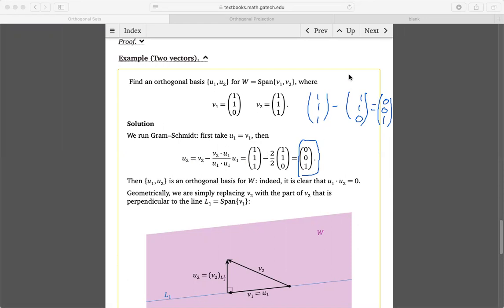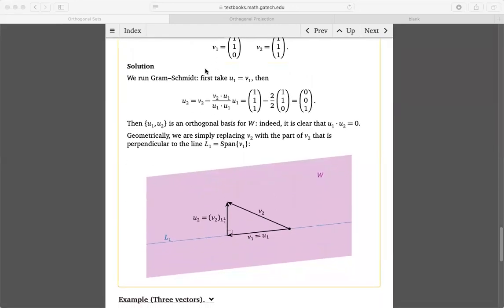The reason I wanted to go through this problem is that when the dimension is low enough, you don't need to apply the Gram-Schmidt process. You can just have the visual interpretation, and that's good enough.